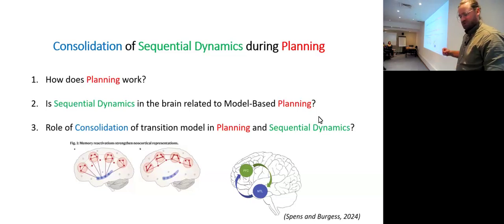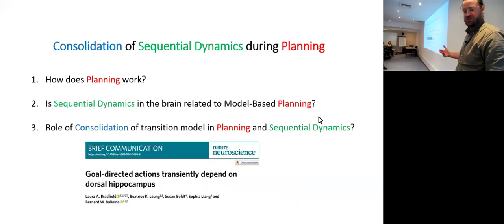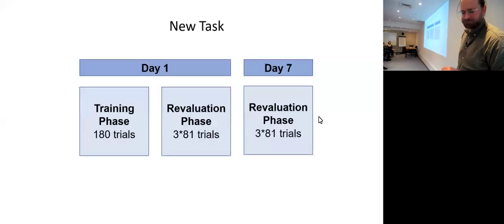So in order to test this, and I will say that this project exists as a result of this study by Bradfield and colleagues, we created a new behavioral task for humans to then put in the MEG scanner. It has some unique features with regards to reinforcement learning tasks that I'm going to tell you about now.